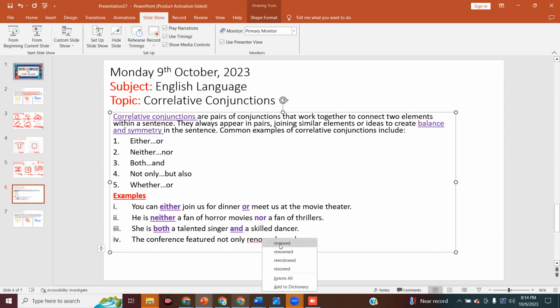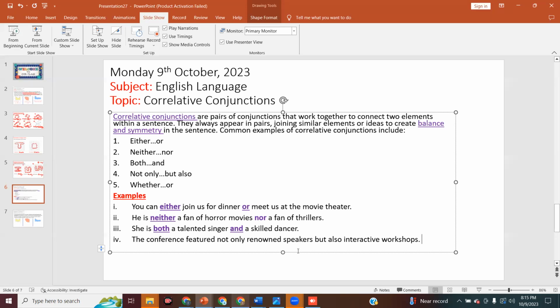If I use not only, what's the next pair? But also. Very good. The conference featured not only renowned speakers, but also interactive workshops.